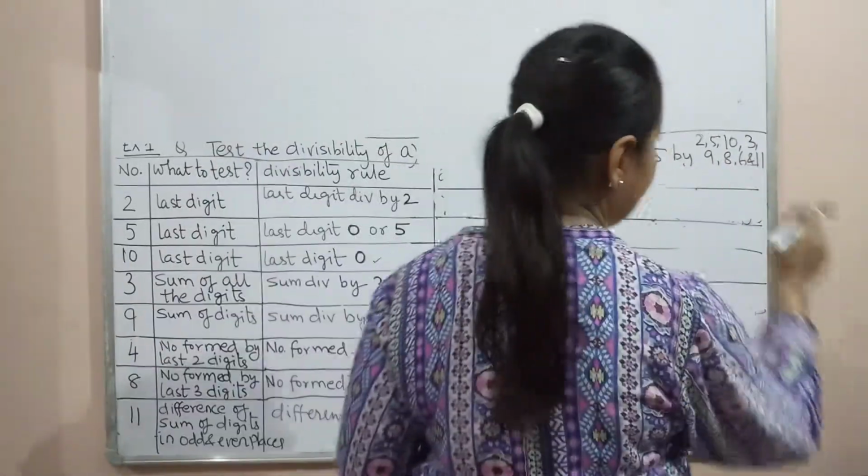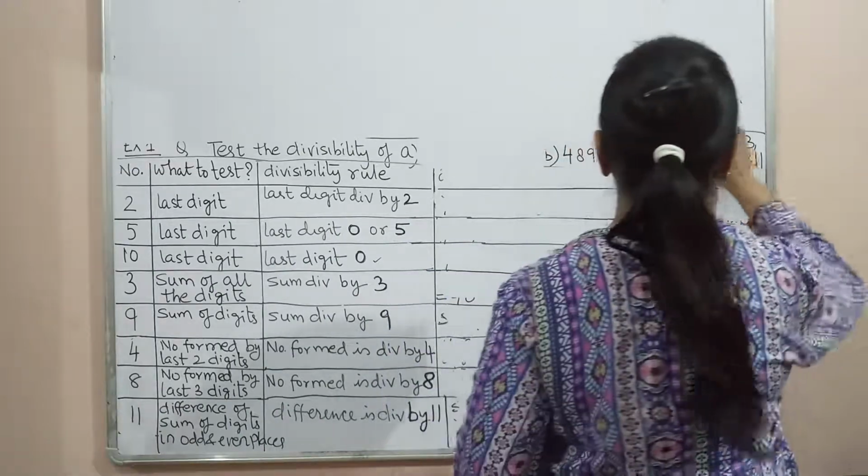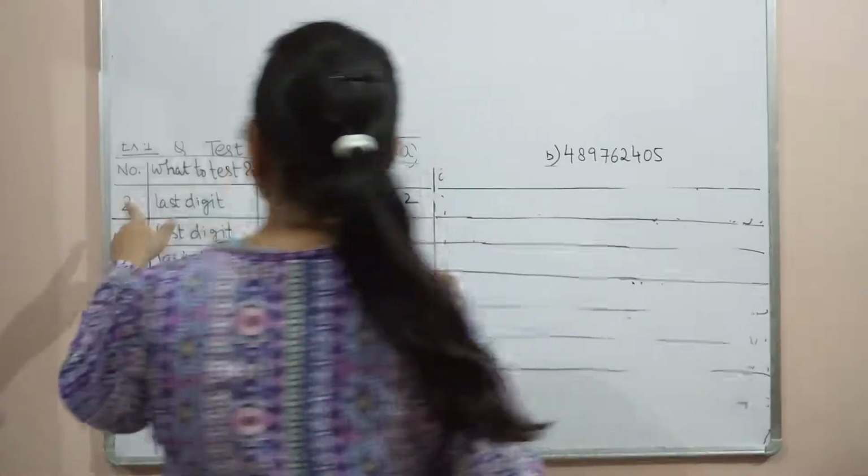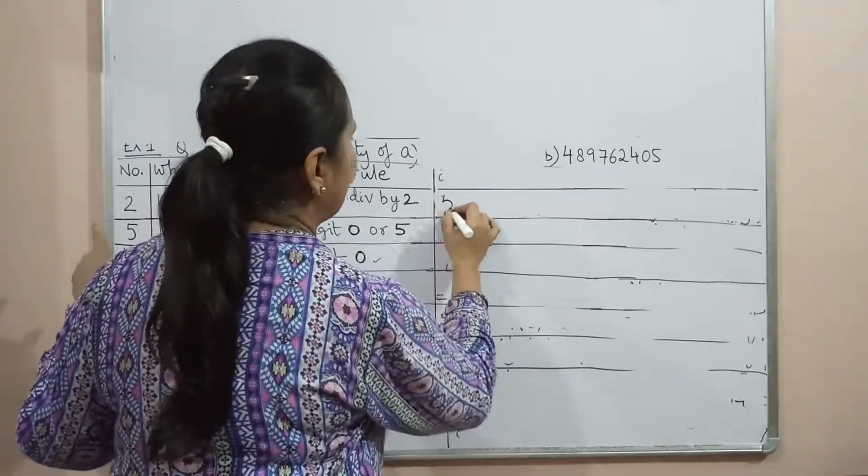Now if I take the B part, what is the first test number? For 2 the test number is 5.